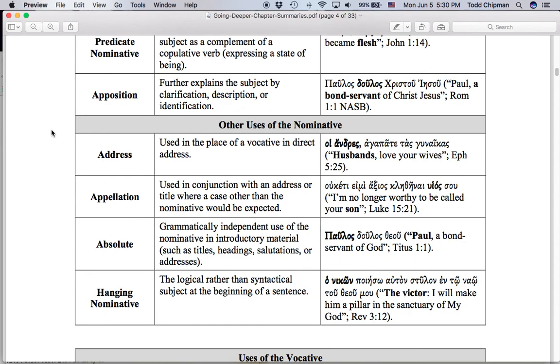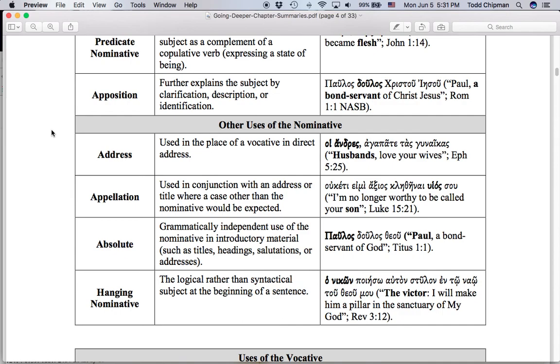We saw Paulos, doulos in Romans 1:1 in the apposition, with doulos modifying Paulos. Here we see Paulos as the absolute. It's on its own. It's grammatically independent. This is true of terms like grace and peace that are listed in the nominative at the beginning of letters, and we'll see that in Colossians here in a few moments. So the absolute, grammatically independent.